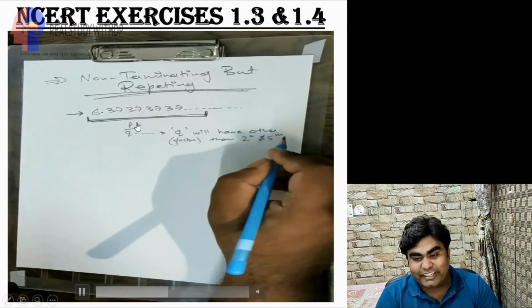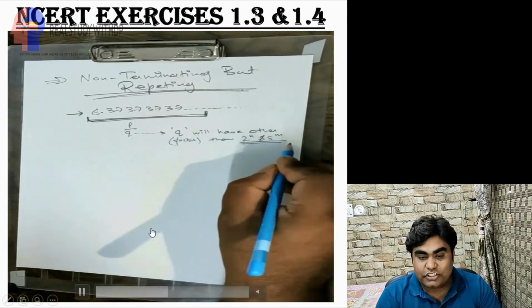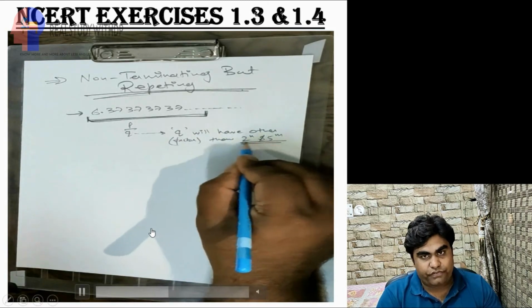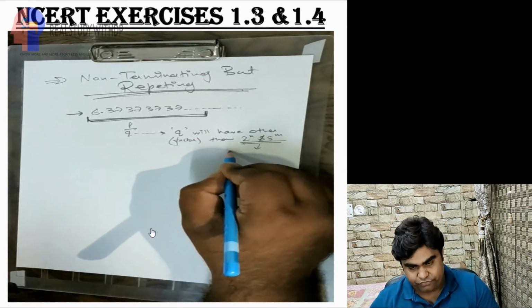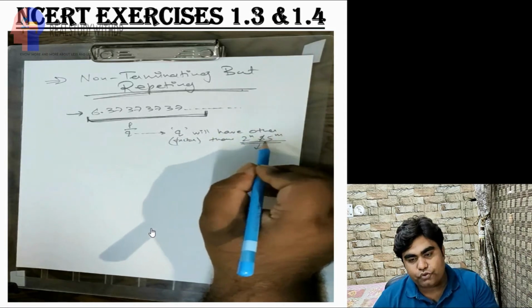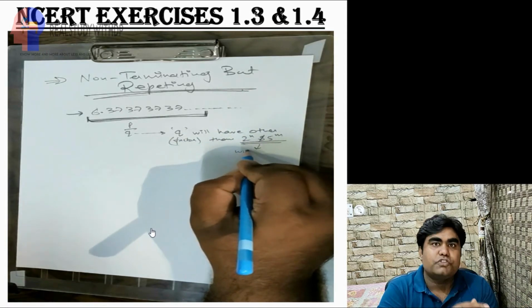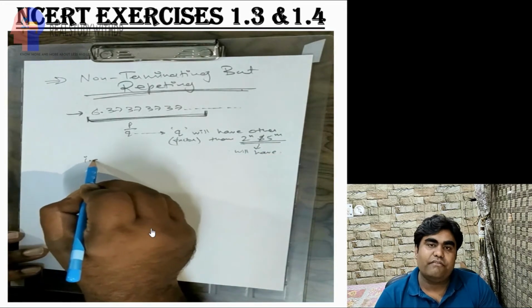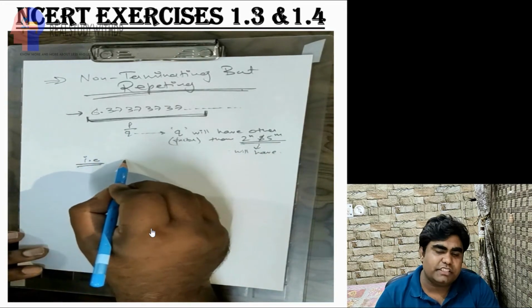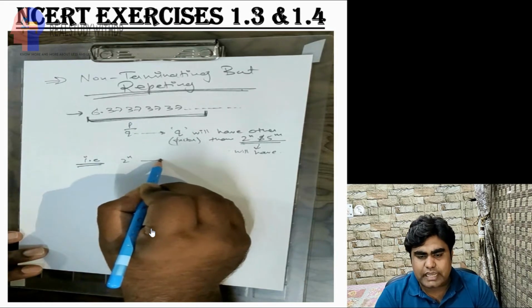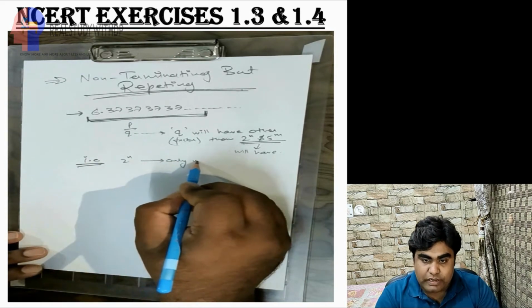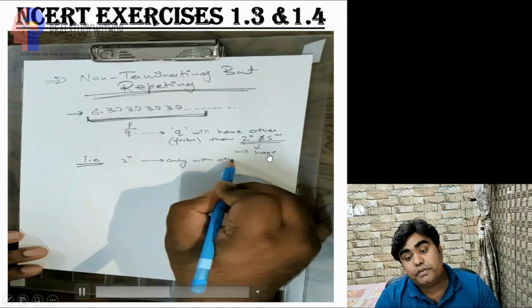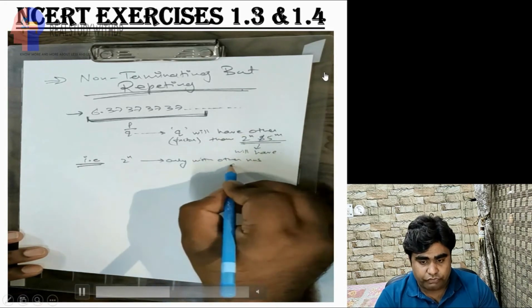It is very much clear that it will not have only 2 and 5. It will have numbers other than 2 and 5 also. It can have 3, 7, or any other number, 11, 17, whatever the numbers. It can be any numbers apart from 2 and 5. Or maybe there will be no 2 or no 5 at all.